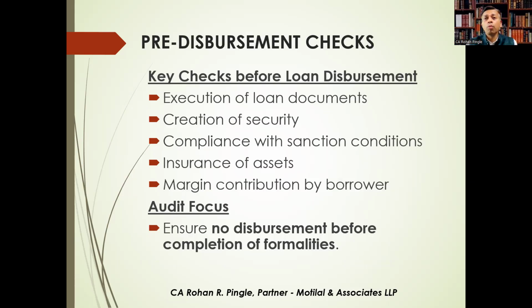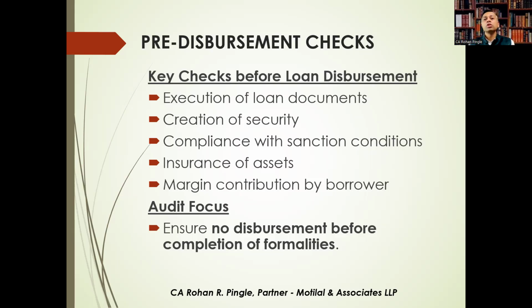One of the most important controls in lending is ensuring that all sanction conditions are complied with before the disbursement. Common lapses include disbursement before the documentation itself, incomplete collateral security, and no margin brought in by the borrower. A very common lapse is disbursement before the documentation.